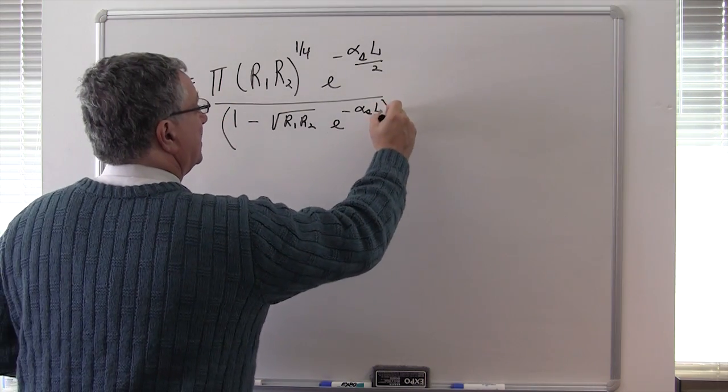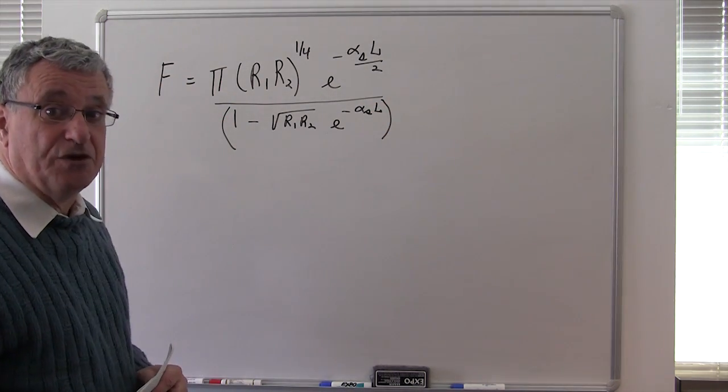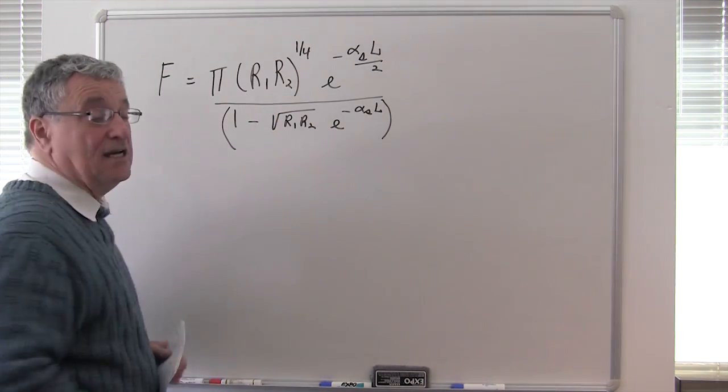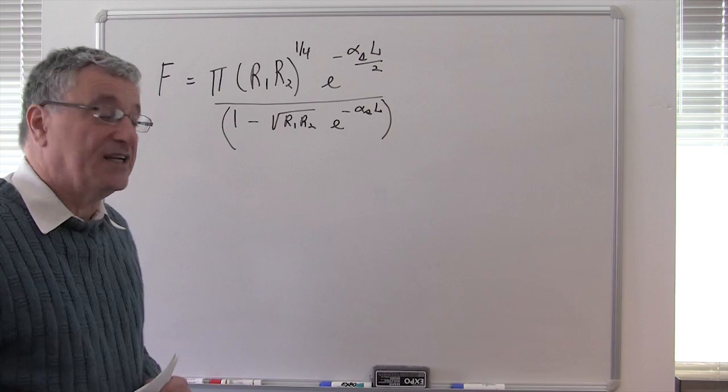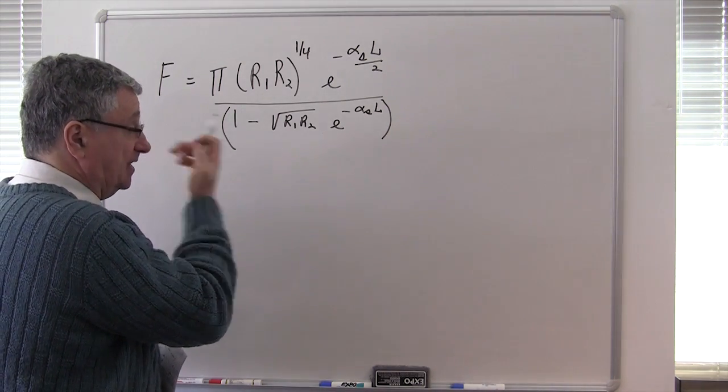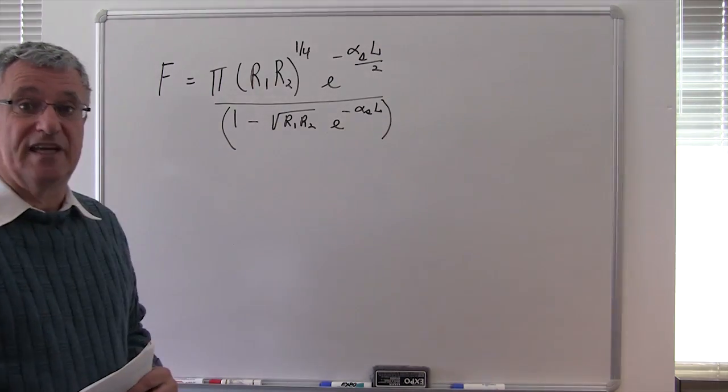This is the expression that I previously gave you for the finesse, and it takes into account that the mirrors might have different reflectivities, and that there is some background absorption in the cavity.